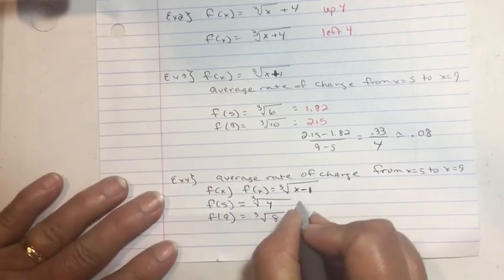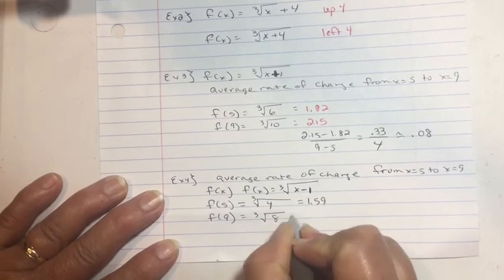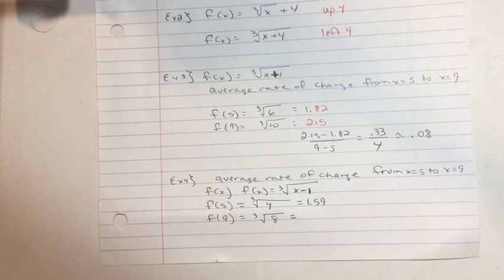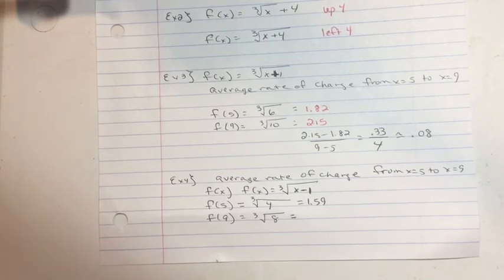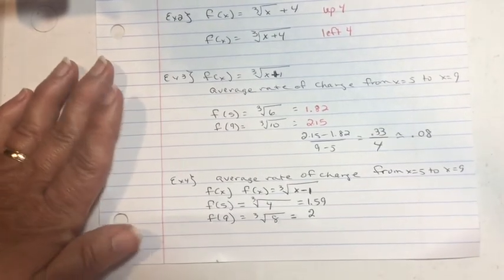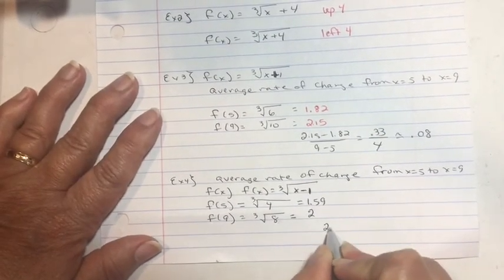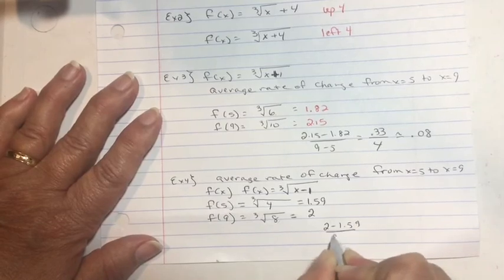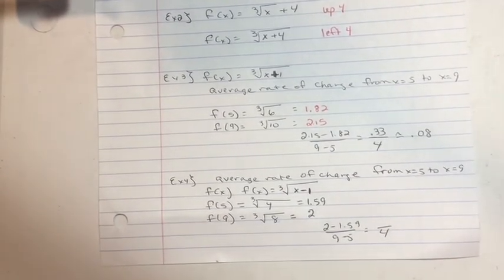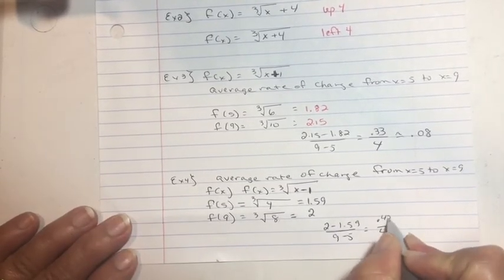Cubed root of 4, about 1.59. The cubed root of 8 is 2. Didn't even need the calculator for that one, right? 2 times 2 times 2 is 8. So the rate of change would be a subtraction. 4 in the denominator again. 0.42 in the top.